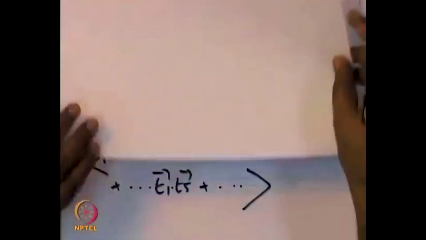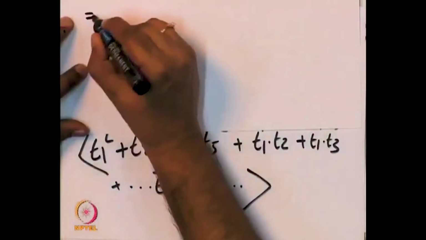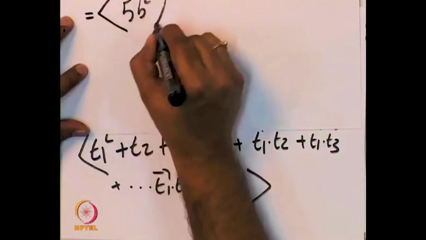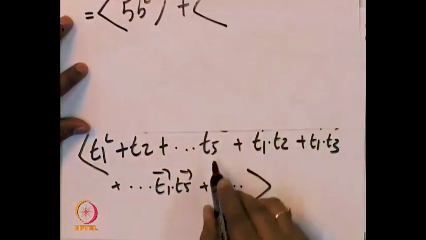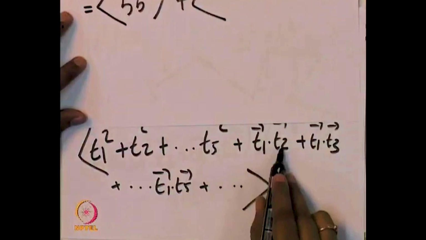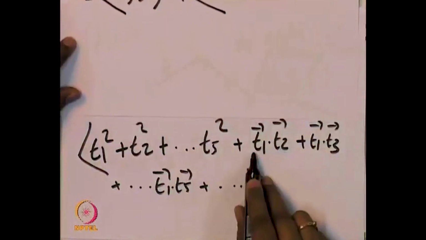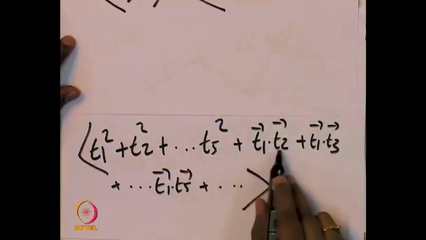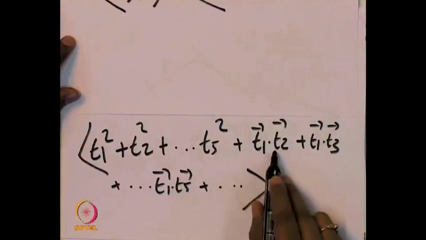So, what you get is the average: there is 5 b square plus there is T1 dot T2. You know that T1 dot T2 is the mode of this, and A dot B is cos theta.